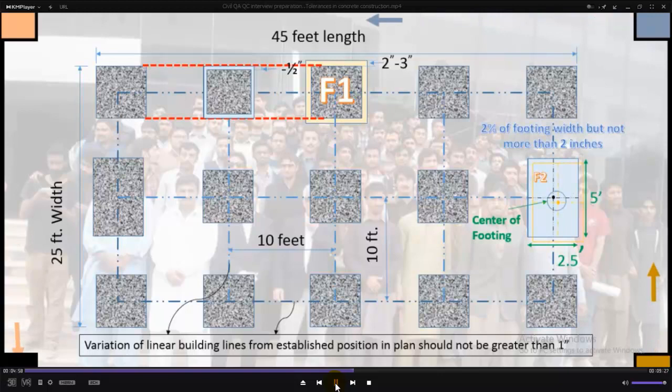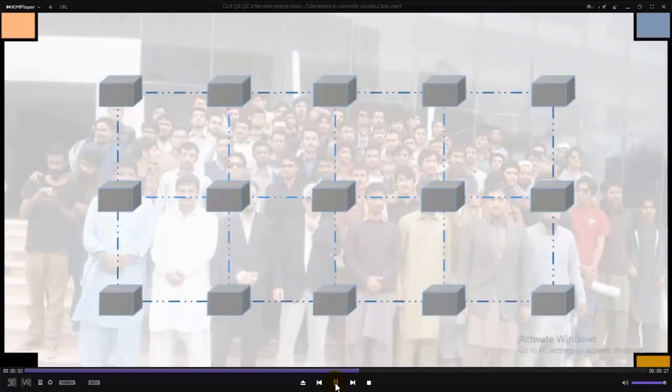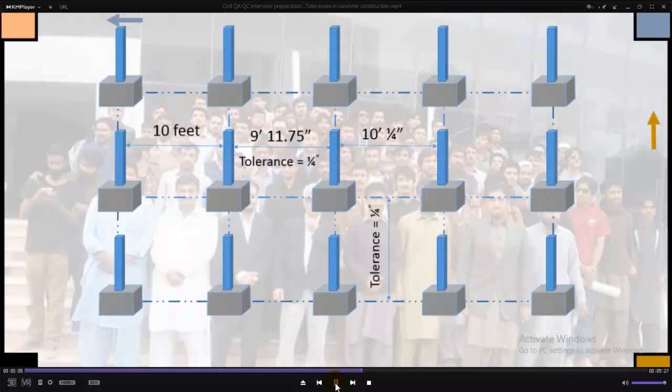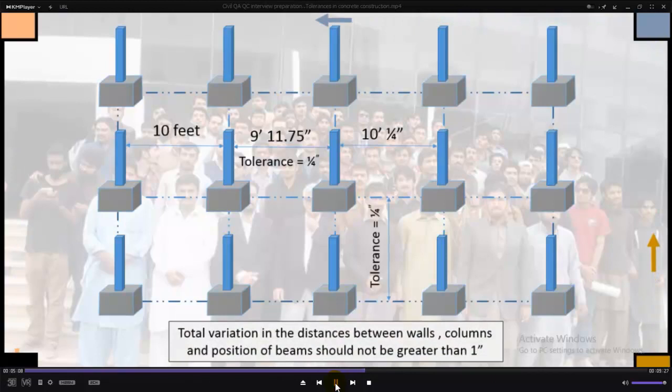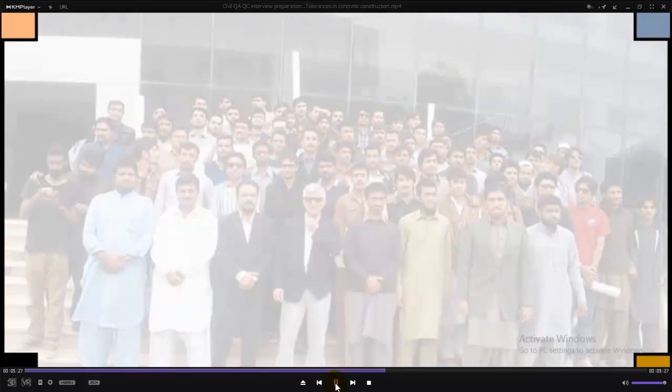This displacement might be on either side as shown. Variation of the distance between walls, columns, partitions and beams is equal to a quarter of an inch per 10 feet, but not more than half of an inch in any one bay, and the total variation should not be greater than 1 inch.